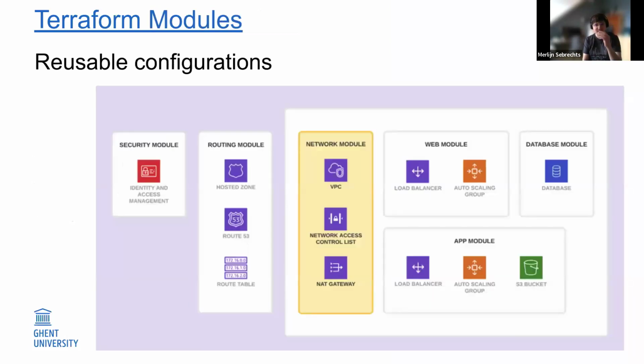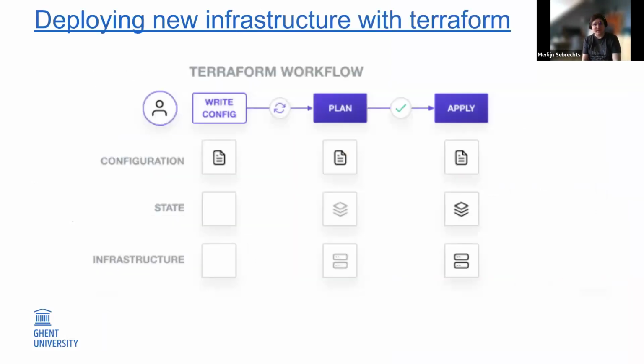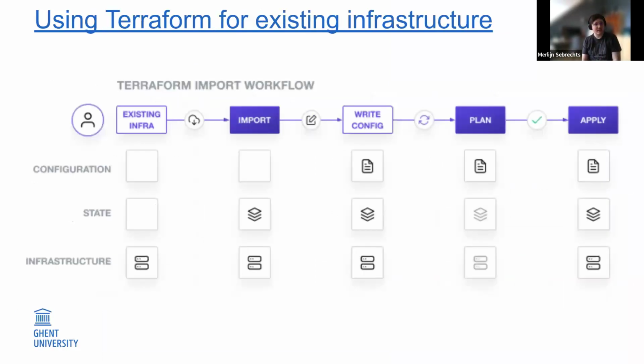Terraform modules, as I've explained, are reusable configurations. For example, how to install a Kubernetes server, how to install load balancers or databases. And basically, there's a workflow that I already explained. So you write your configuration, you run Terraform plan and Terraform apply. But I also want to explain that there is an easy migration path.